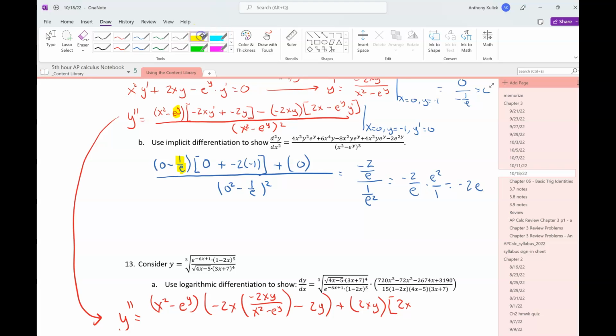All I'm doing is taking this, and wherever I see a y prime, I'm just plugging in the equation for the first derivative that we found earlier. Okay. Right, I get it.